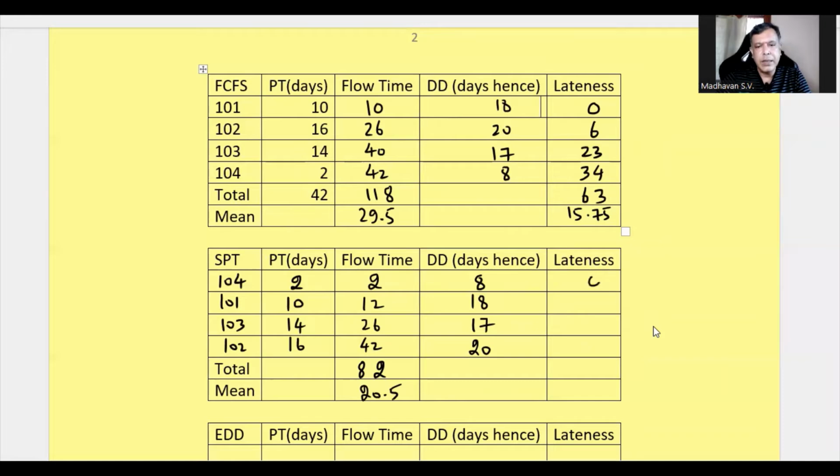So there is no lateness. Second job also there is no lateness. Third job, it is 9 days as the lateness. Last job, it is 42 minus 20, which works out to 22. So this will work out to 31 as the total lateness. That means the mean lateness will be 31 divided by 4. We get 7.75.